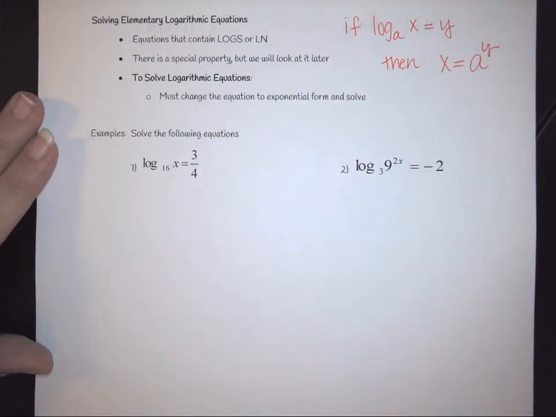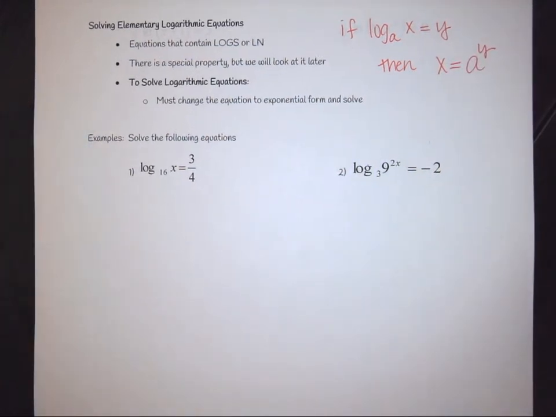You need to remember that rule when you're solving, because at some points you need to interchange back and forth. You want to interchange into that exponential form, because that is the easiest form to work with, especially if you're solving without a calculator.